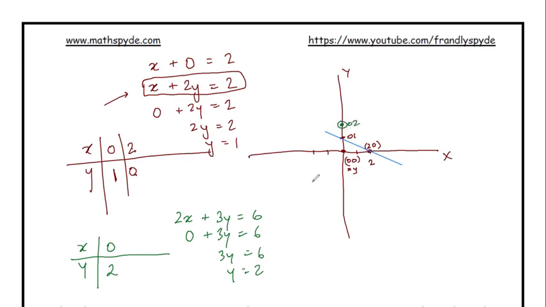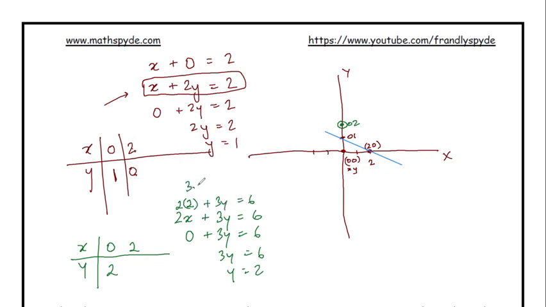Okay. And now let's take, you don't have to take 0 every time. You can obviously take a different value. So let's take x is equal to 2. If I take x as 2, then 2 into 2 gives me 4 plus 3y is equal to 6.